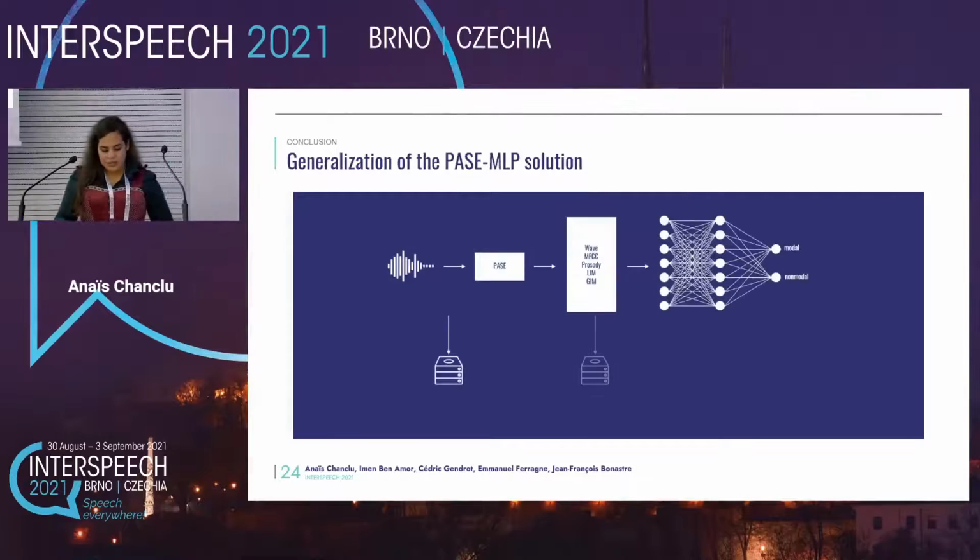So the results opened the door for further investigation. First, the PACE MLP system should be generalized to more contexts and speakers. Our next step is to use transfer learning to pre-train both PACE and MLP modules, and it will allow us to apply the system to all the PTSVOX data as well as on other and larger databases.